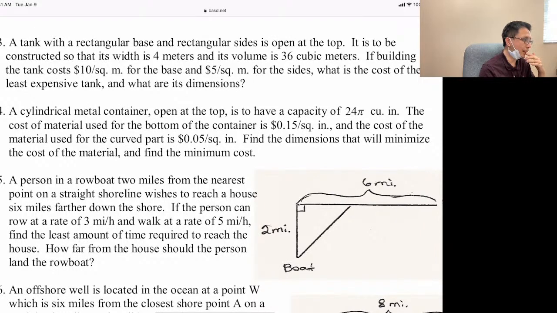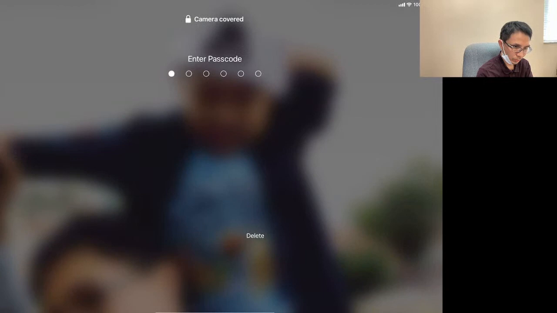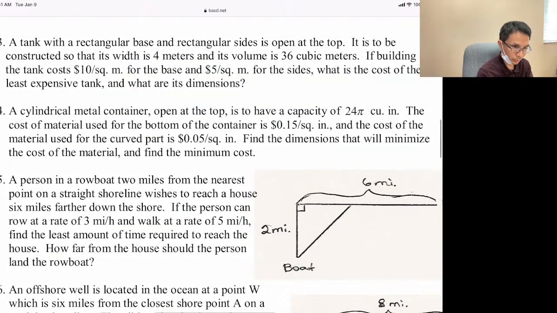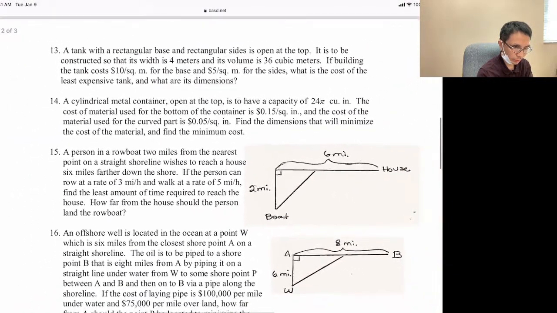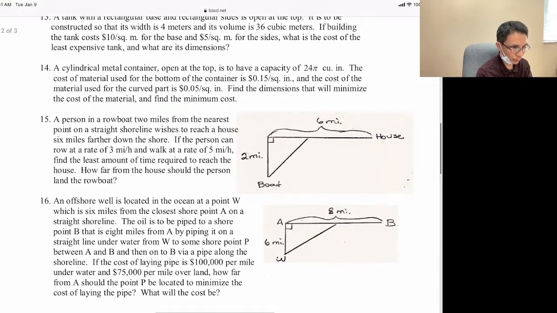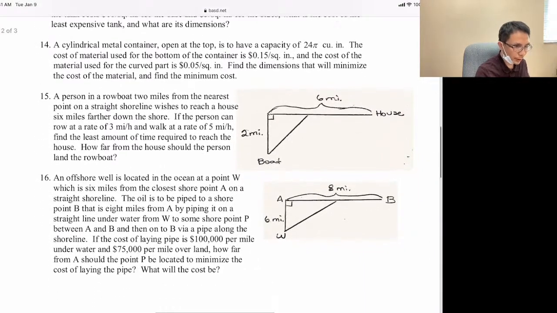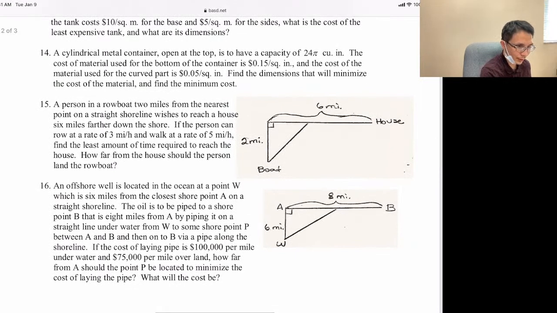That way you can see what the test will look like. Today's homework is going to be a review sheet for Wednesday's test. But optimization is basically based on those two worksheets. If you finish 14 early, I want you to go to 16 as well. But 16 is going to be a little bit harder.